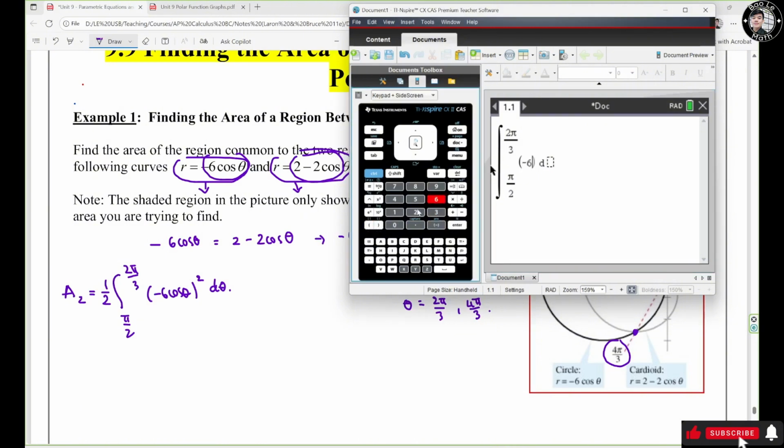Of negative 6 cosine theta, squared, d theta. Don't forget to multiply by 1/2, and press enter. The answer is 3 times (2 pi minus 3 root 3) over 4.